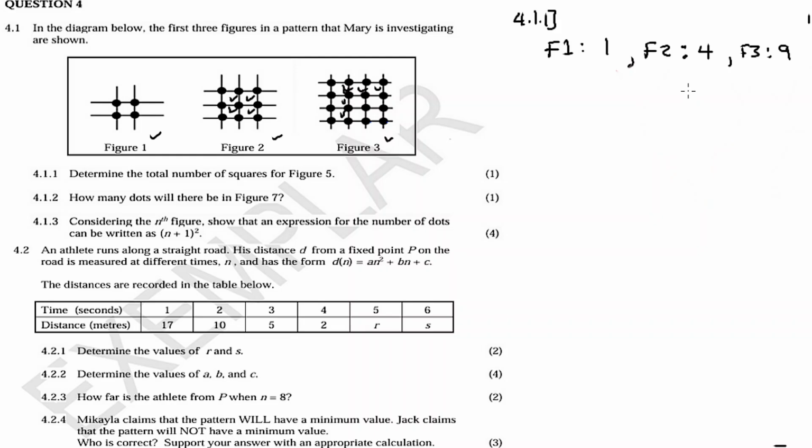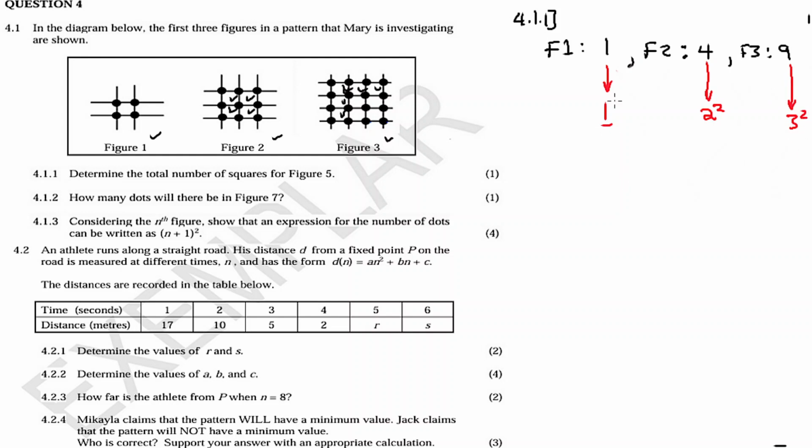But look at the numbers closely. See, 1 is a perfect square. 4 is a perfect square, 2 raised to exponent 2. Then 9 we can write as 3 exponent 2.